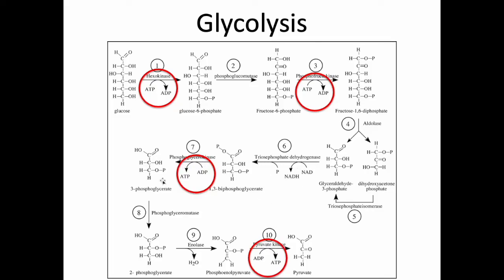But all of this is happening times 2, because this is where we split the 6 into 3 plus 3. So even though we spend some ATP in these steps, we are going to generate more than we have spent. So we gain a net amount of ATP. But we have to spend some initially in order to get this payout.